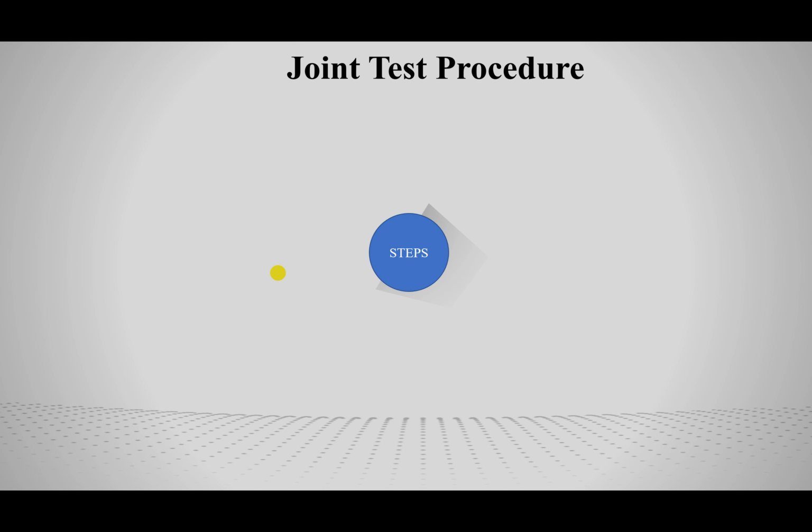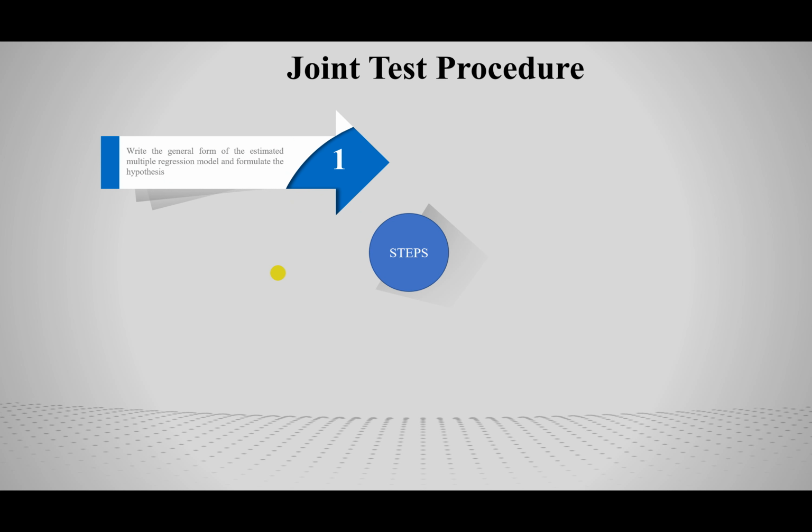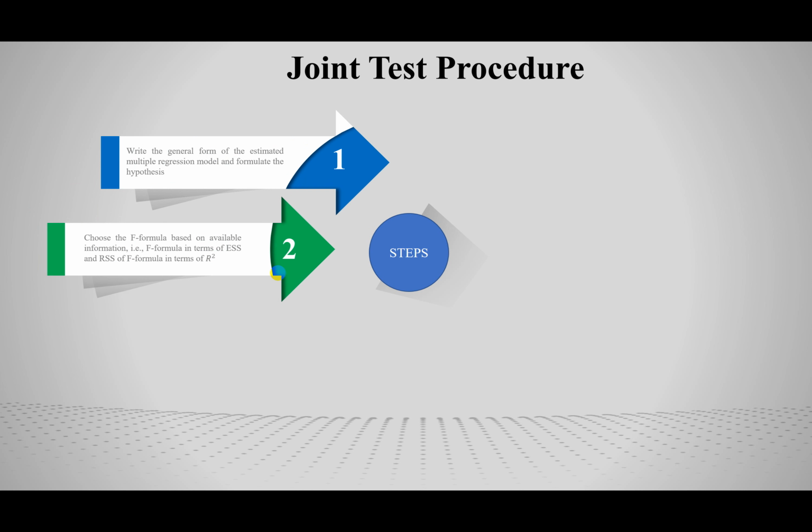So there are 6 steps of testing a joint hypothesis. First, we have to write the general form of the estimated multiple regression model and formulate the hypothesis. Second, we have to choose the F formula based on available information, that is F formula in terms of ESS and RSS, or F formula in terms of R square.